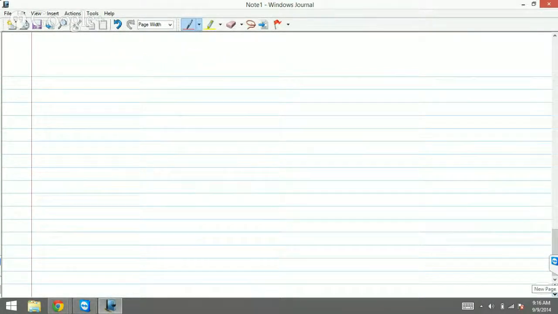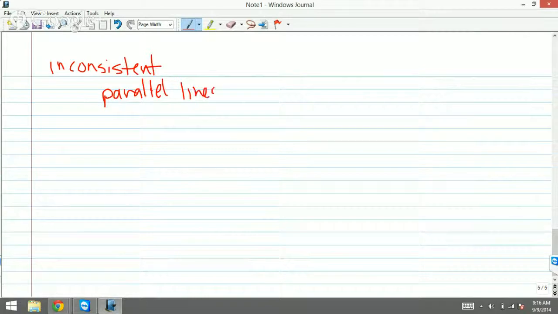Let's go with inconsistent. Okay, these are parallel lines. Parallel lines have what kind of slope? Same. What about their y-intercepts? Different.